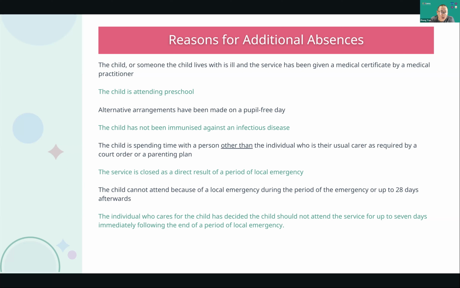So reason number 1 is the child, the individual who cares for the child, the individual's partner or another person with whom the child lives is ill, and the service has been given a medical certificate by a medical practitioner. So if the parents or the guardians of that child are ill and they can't get to care, you just need to be able to supply a medical certificate for the parent or the guardian. That's acceptable as an additional absence reason.